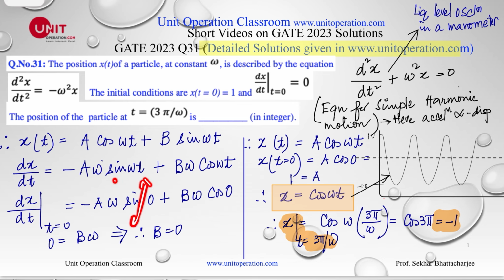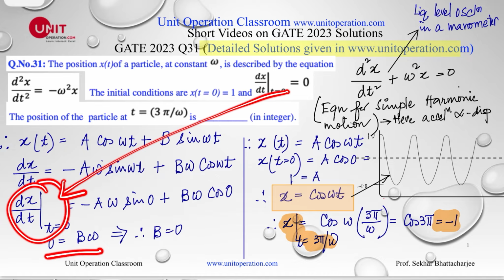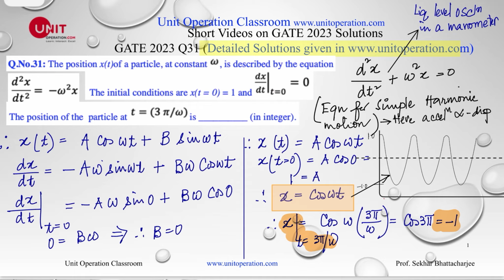This is equal to 0, and this is equal to 1. So that makes 0 equal to b omega, which is given as 0 here. Since omega is not equal to 0, b has to be equal to 0.